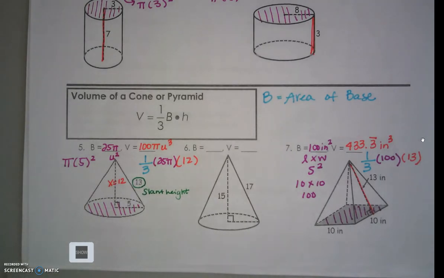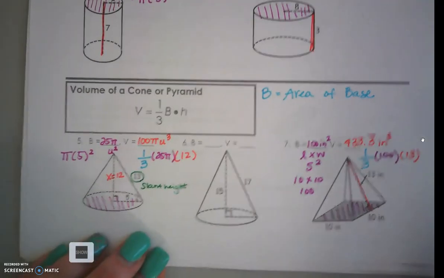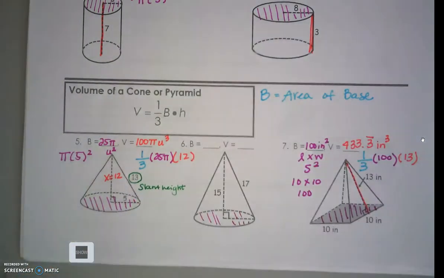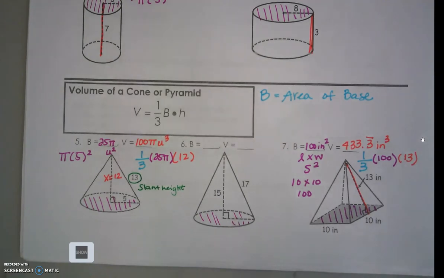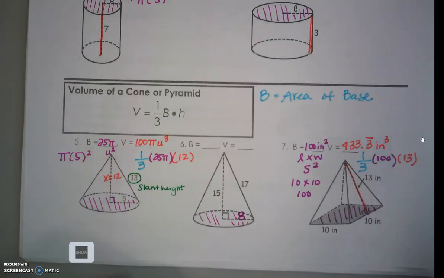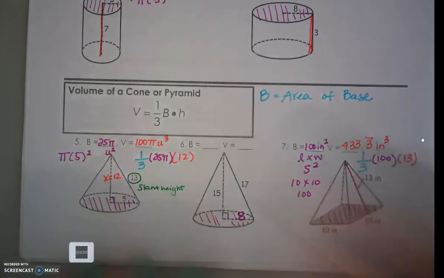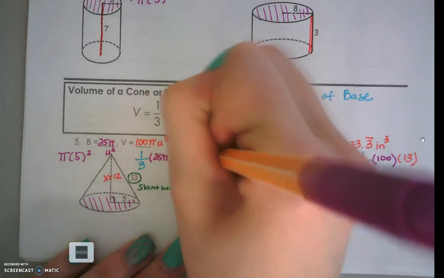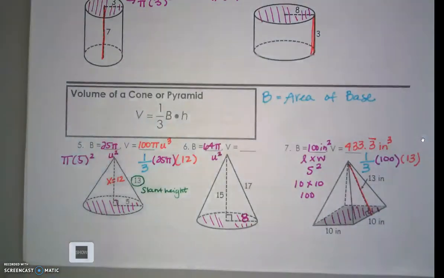Another example, again, a cone has a base of a circle, so I need to find the area of my base, but I'm missing my radius. So once again, we're going to have to use this Pythagorean theorem, and I find that this is 8 when I do that. So the area of my base, I'm just going to write in 64 pi units squared.